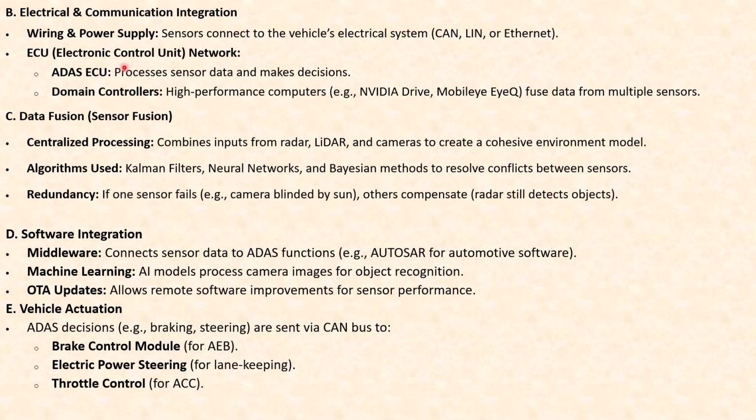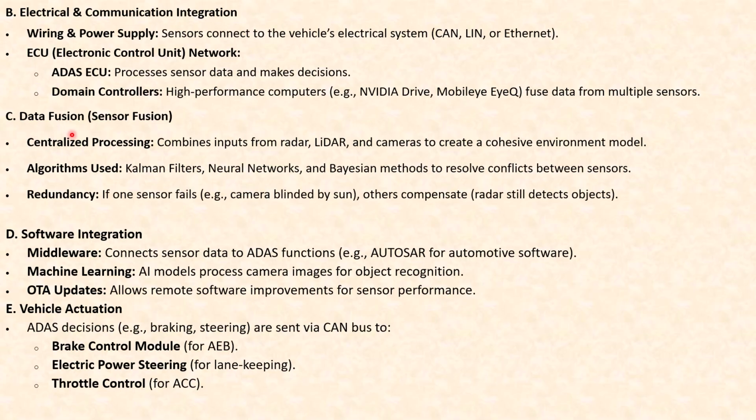And when it comes to the ECU network, it processes sensor data and makes decisions. Next come the domain controllers, high performance computers, which may be NVIDIA Drive or Mobileye, that fuse data from multiple sensors. This communication of the ECUs with the domain controllers is extremely important so that it works seamlessly.